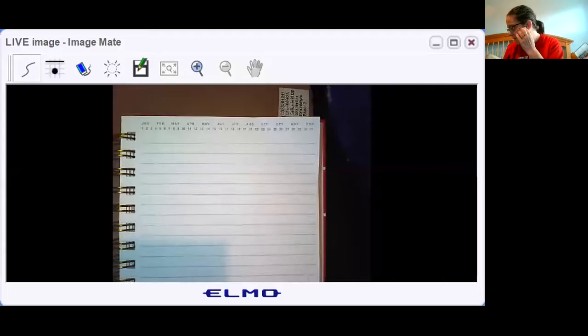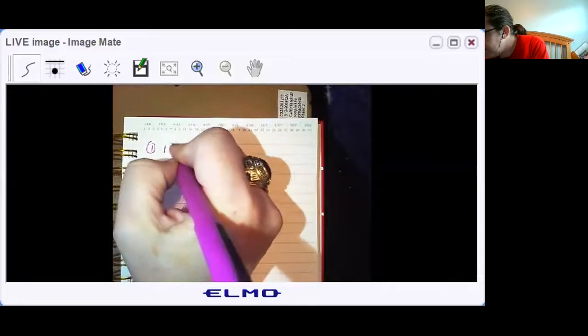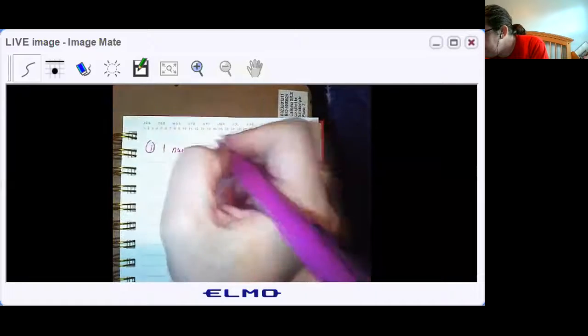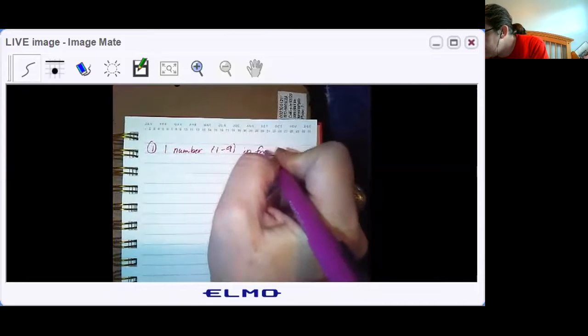Now, to put a number in scientific notation, we've got to look at specific things. The first thing we want is one number, 1 through 9, in front of the decimal.